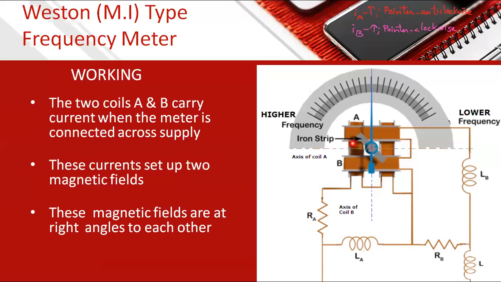The magnetic fields are exactly 90 degrees to each other. So magnetic field produced by coil A will be stronger in the axis of coil A, and magnetic field produced by coil B will be in this way, aligned to axis of coil B.